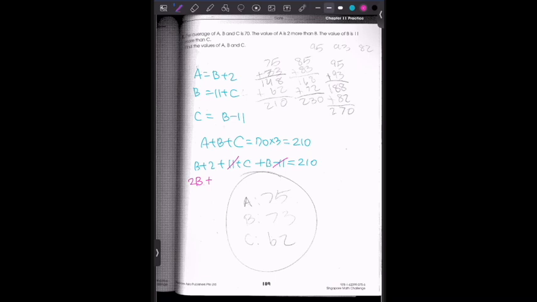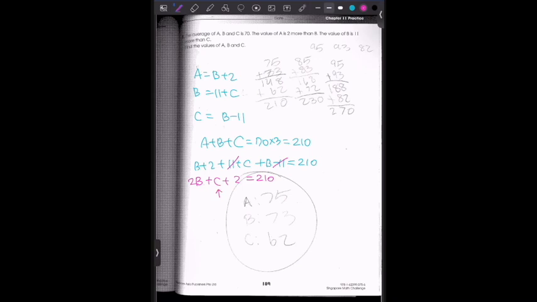And so we can write this as 2b plus c plus 2 is equal to 210.